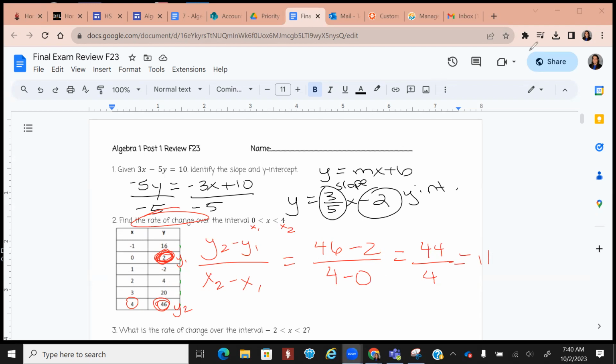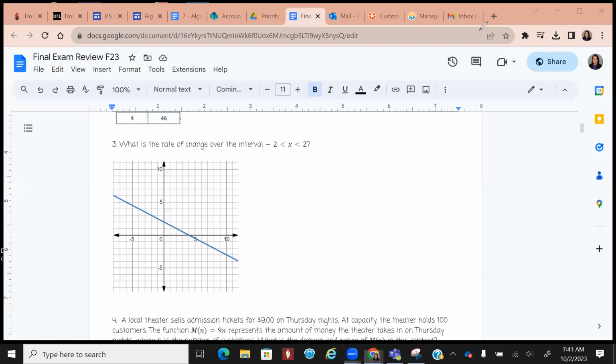There will be a rate of change question on this final. Like I'm telling you right now, they always ask one. Okay, it may look like this, or it may say, here's an equation, find the rate of change. It's asking for rate of change, but it's giving you a graph.